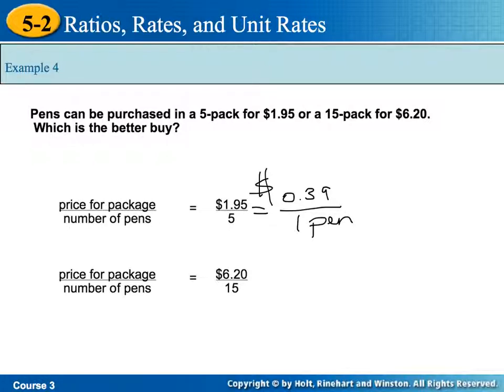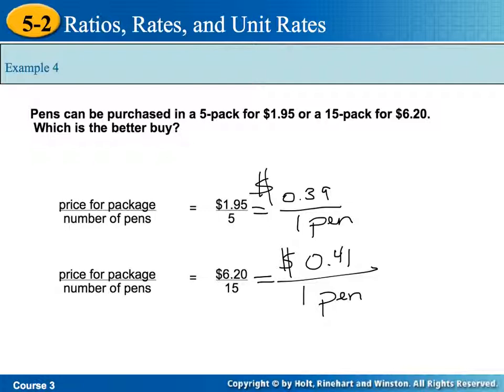On the next one, it's a higher price, but it's also a higher number of pens. So I have $6.20. I'm going to divide that by 15 to give me a price of, if I round it, 0.41 over 1 pen.